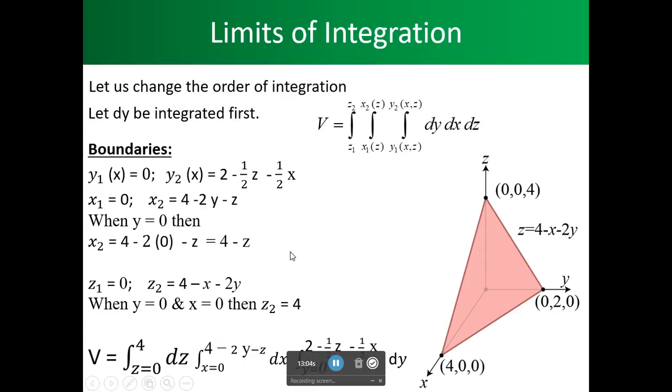Our integration, doing y first, goes from 0 to 2 minus 1/2 z minus 1/2 x. Then dx goes from 0 to 4 minus 2y minus z. And then our dz goes from 0 to 4. So now I think we have done enough for you.